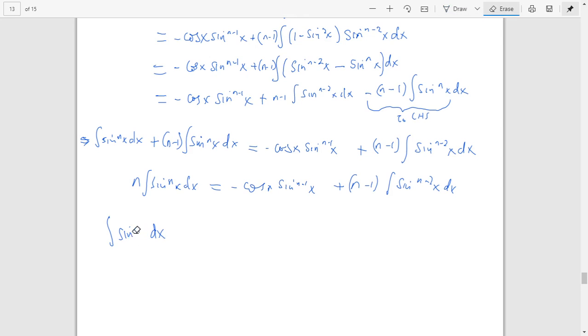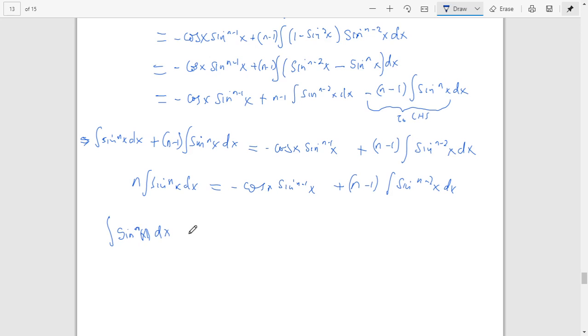Let me write this better so that power and sine are distinct enough. Sine to the power of n of x, maybe put this in brackets to make it look better.